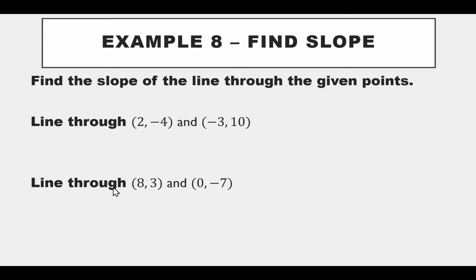These are not the same lines. These are two different lines. Let's find the slope of the line through each pair of points. If you want to try this on your own, push pause on the video.